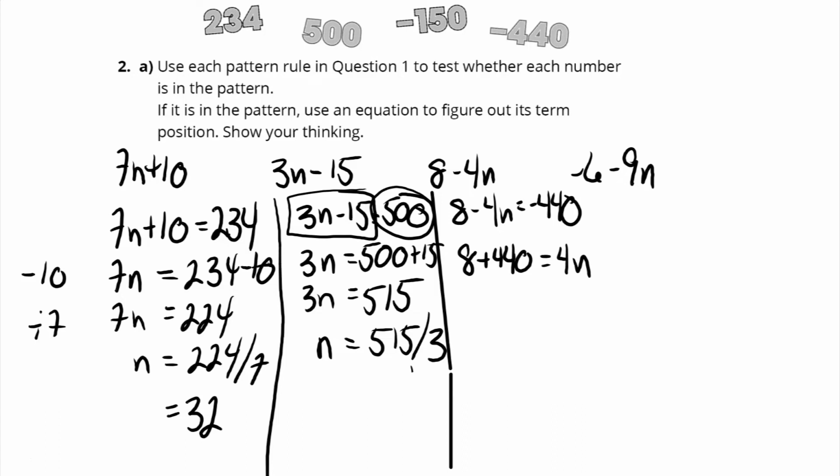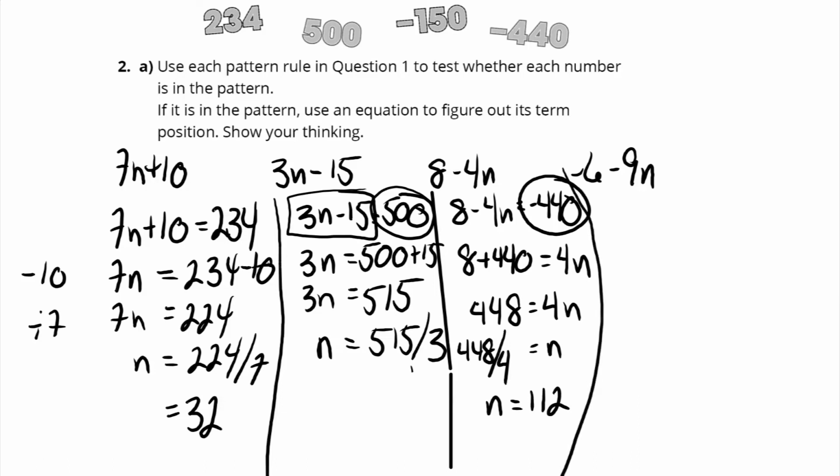So now I've got 448 is equal to 4n, and that means n is equal to 448 divided by 4. 400 is divisible by 4 100 times, and 48 is divisible by 4 12 times. So that means that n is equal to 112. So I know now that negative 440 is one of the terms of this expression 8 minus 4n.